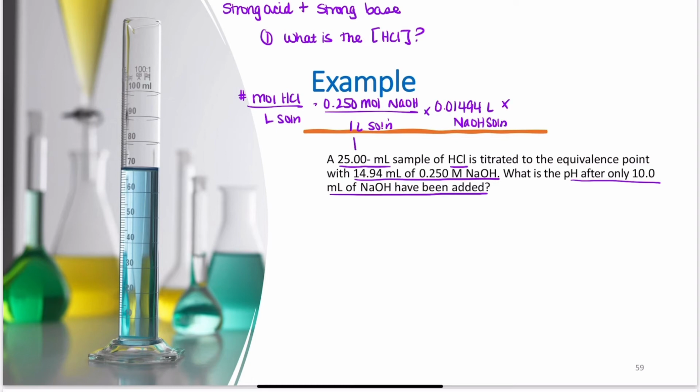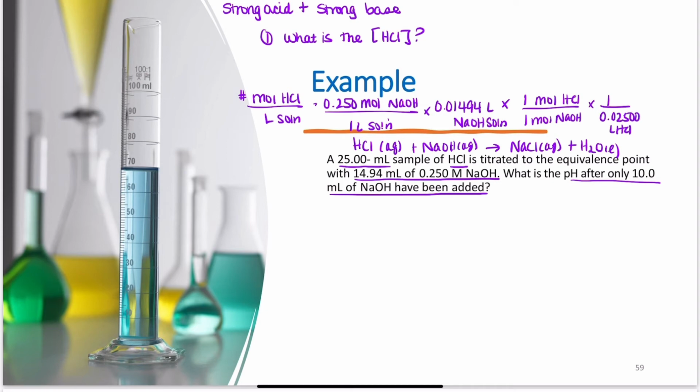I know this is a 1-to-1 mole ratio: HCl plus NaOH giving me NaCl plus water. So 1 mole of HCl to 1 mole of NaOH. And I know I used a 25 mL solution of HCl, so dividing by 0.02500 liters of HCl gives me a 0.149 molar HCl solution.